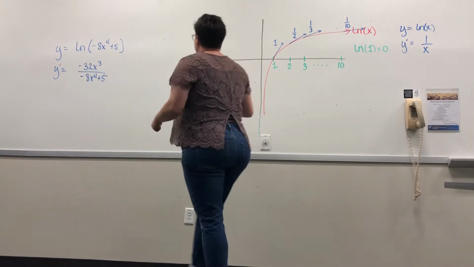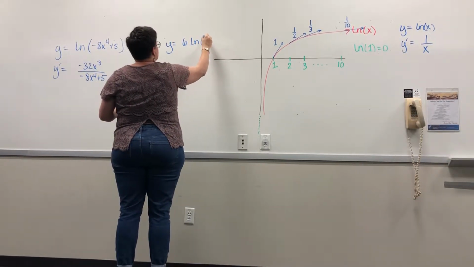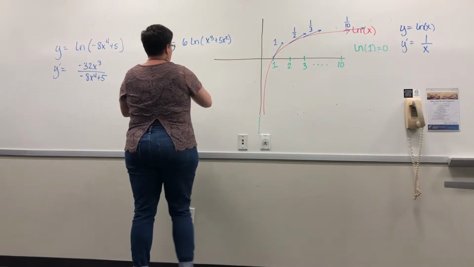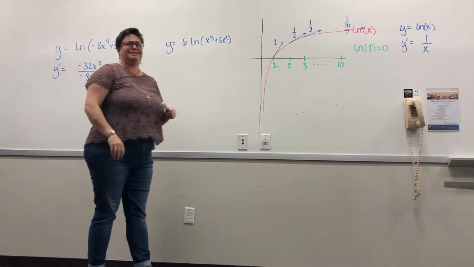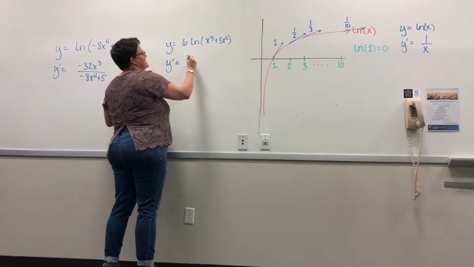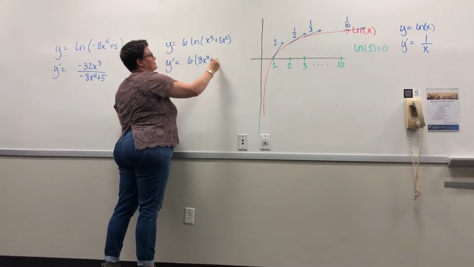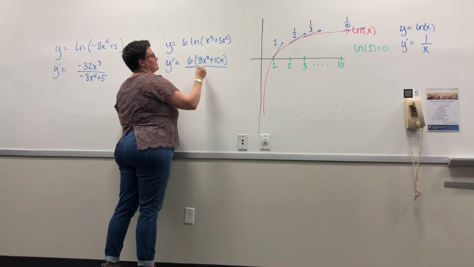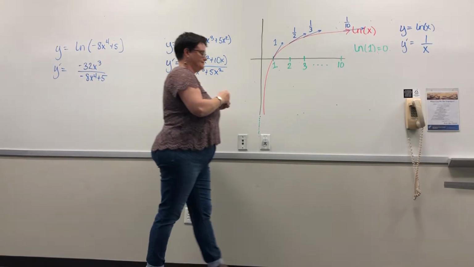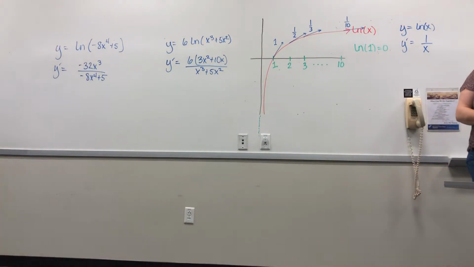What about this one? Y equals 6 natural log of x cubed plus 5x squared. Uh-oh. Do you just keep the 6? Constant coefficients go along for the ride, guys. They always have, they always will. 6 times, what's the derivative? That wasn't so bad.